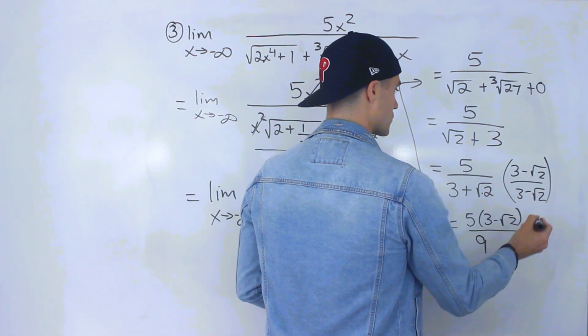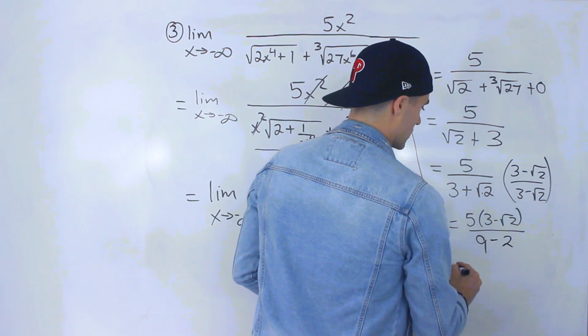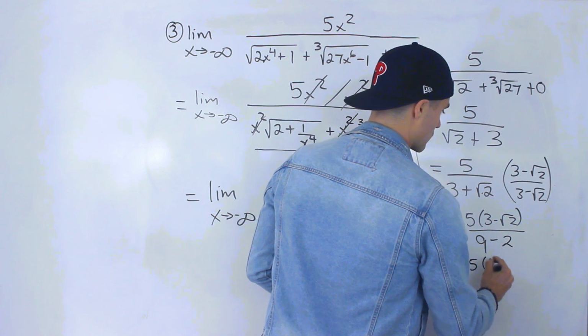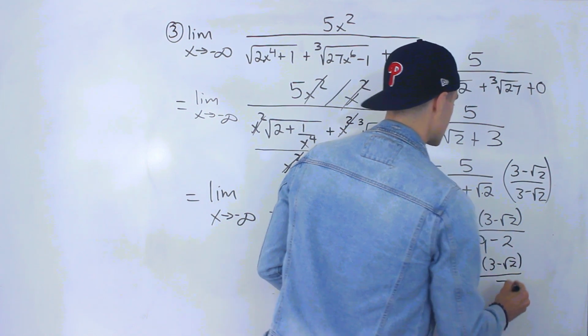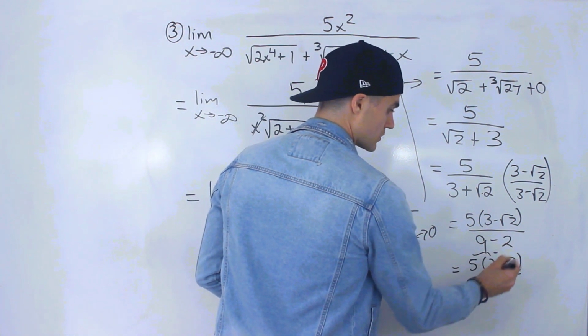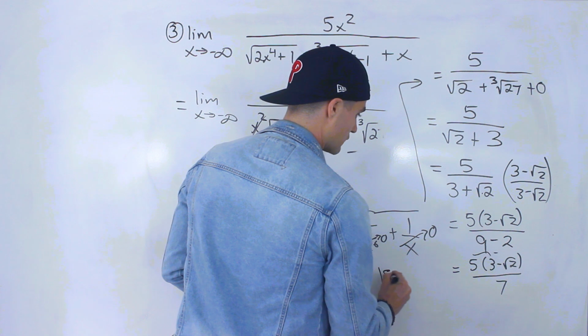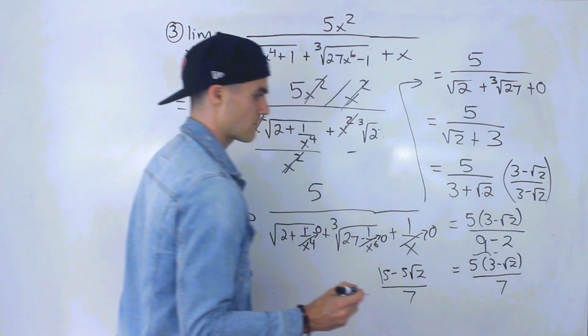Root 2 times root 2 is just 2, so we'd have minus 2. So you would have 5 times 3 minus root 2 over 7. Another thing you could do is distribute this 5 inside the bracket, so it could be 15 minus 5 root 2 over 7.